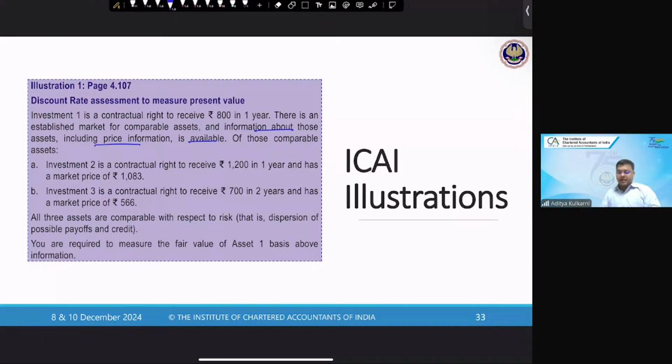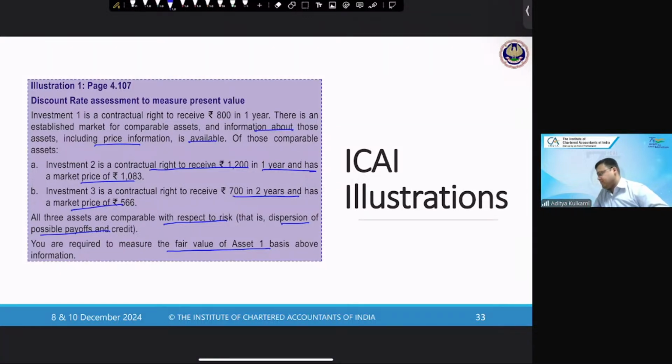Of those comparable assets, investment 2 is a contractual right to receive 1200 in 1 year and has a current market price of 1083. Investment 3 is a contractual right to receive 700 in 2 years with a market price of 566. All three assets are comparable with respect to risk, that is dispersion of possible payoff. Measure the fair value of asset 1 based on the above information.